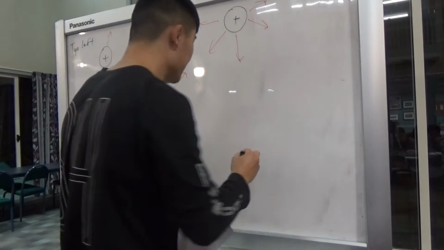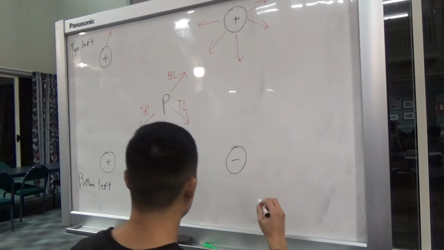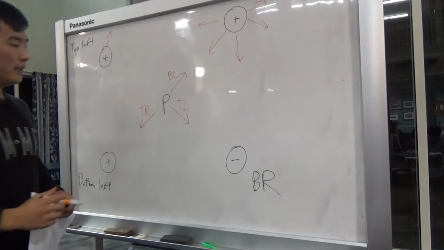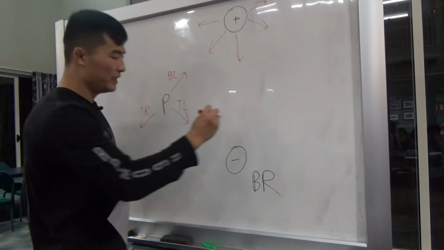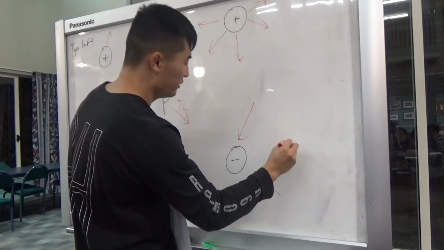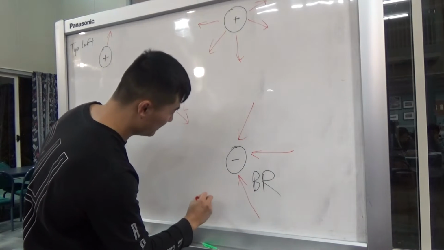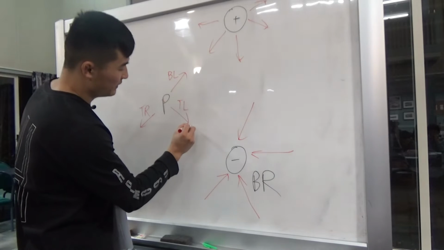And then we have our last charge, our negative charge in the bottom right corner. Remember that electric field lines go in to negative charges. So these electric field lines will be pointing directed towards the negative charge.